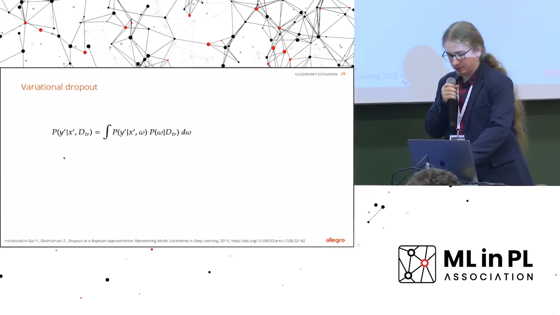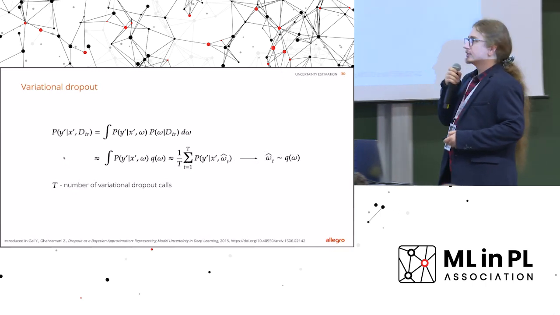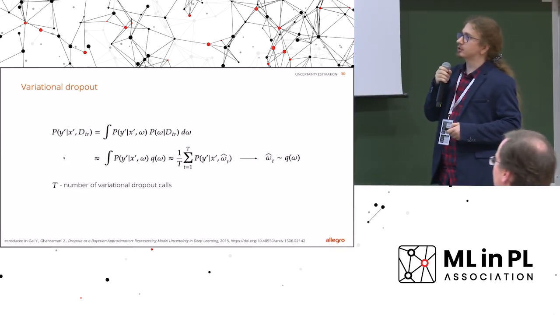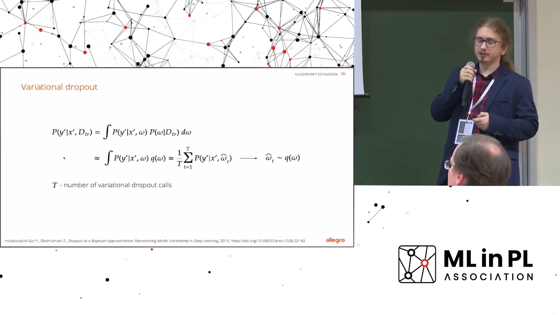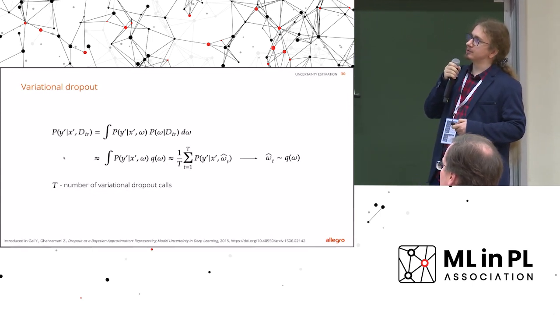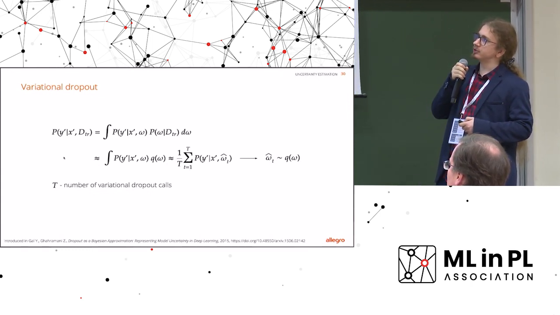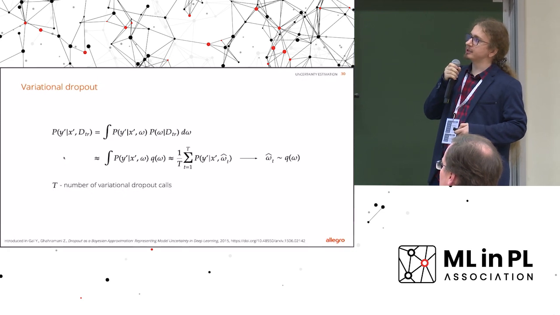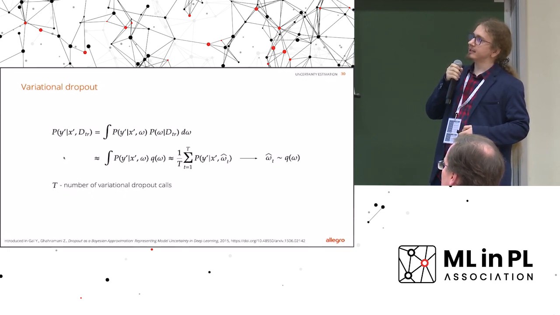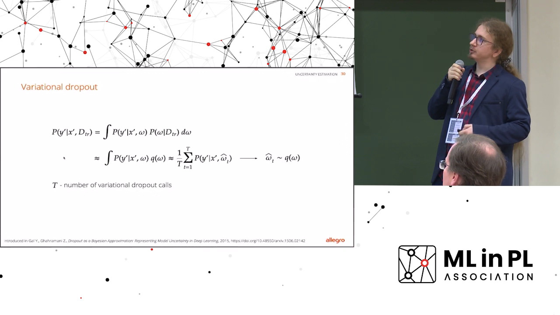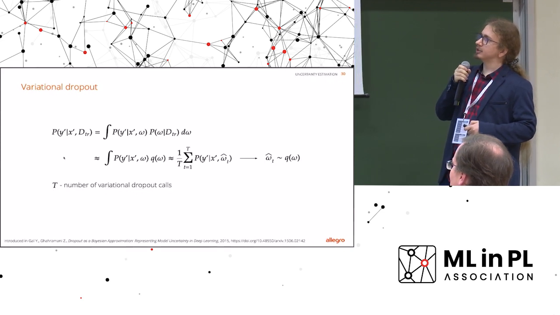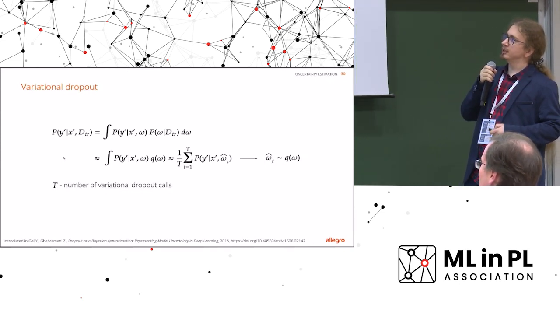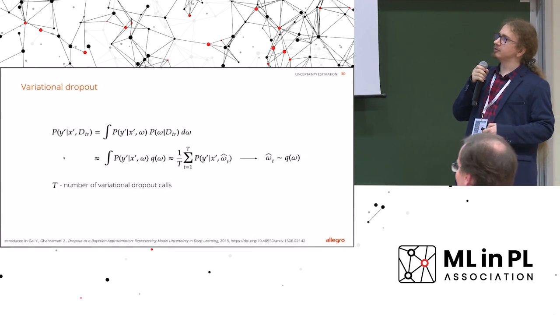And now when we go back to our predictive distribution, we can do the same thing, but not during training, but during inference. So when we apply dropout at test time, we can replace this posterior distribution with our approximating variational distribution. And then again, when we use Monte Carlo integration for this integral, we get something like this, which is just the model output probability averaged over so-called variational dropout calls.